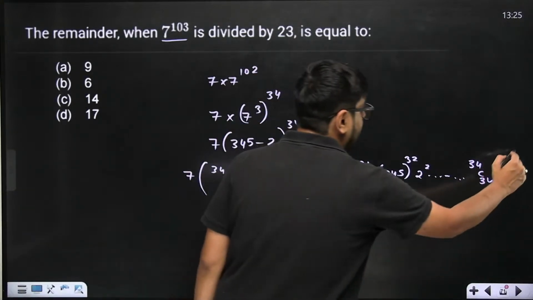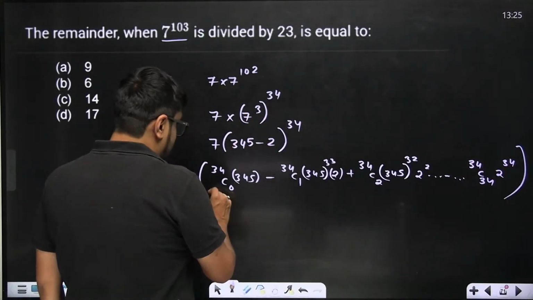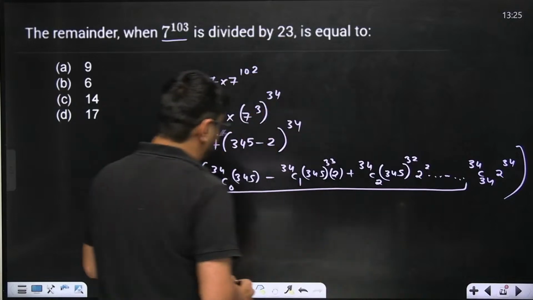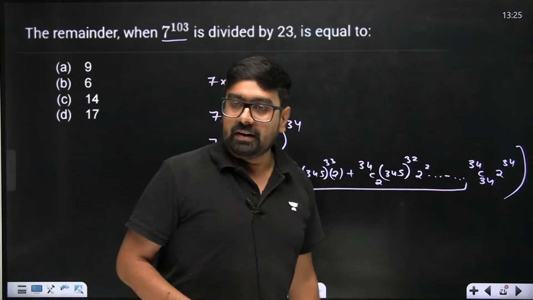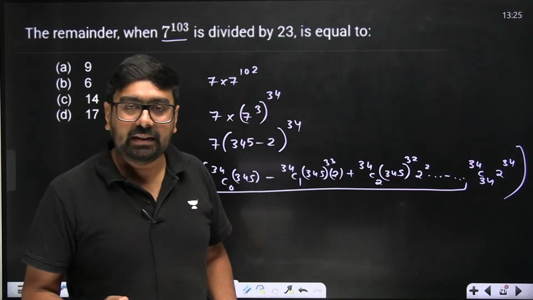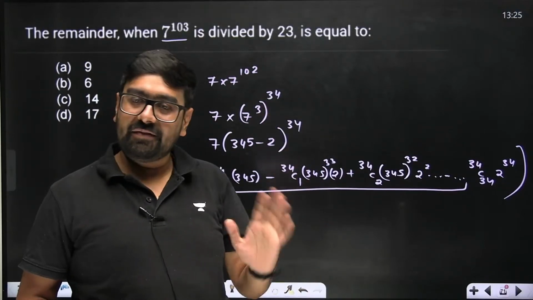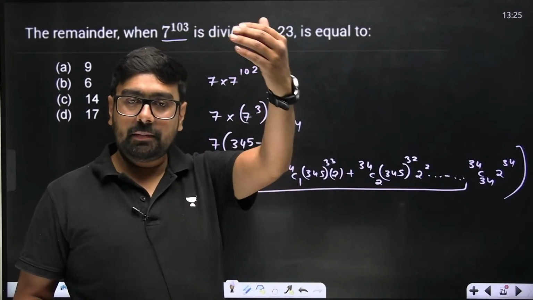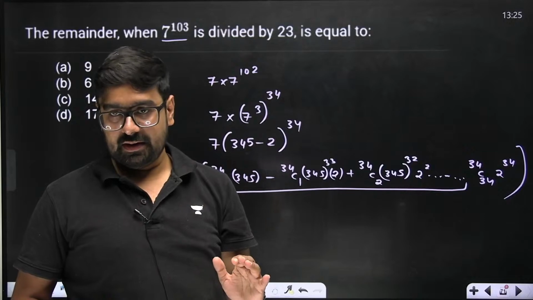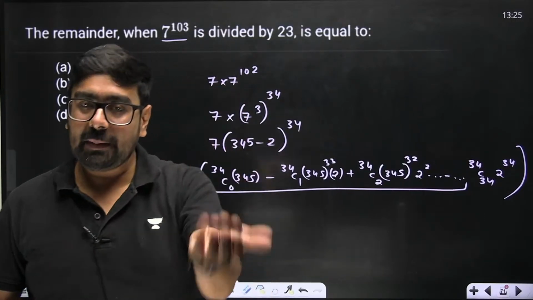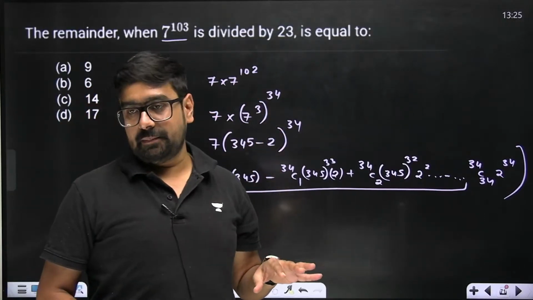Now if you pay attention, all these terms are divisible by 345. That means divisible by 23 also. If a number is divisible by 14, it is divisible by 7, definitely. If a number is divisible by 21, it is also divisible by 7. If a number is divisible by a multiple of a number, it is divisible by that number, right?